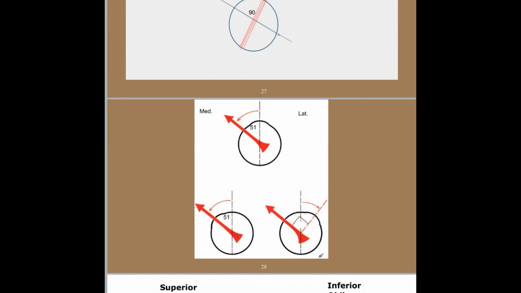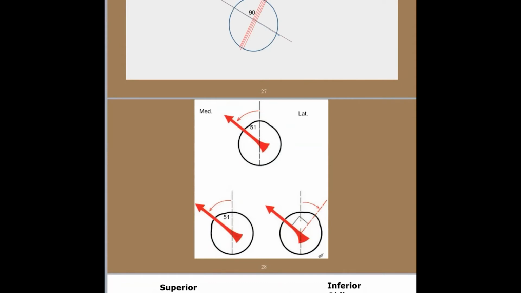You can imagine this if you have a ball. If you have a ball, you can draw the side of the cornea on it.